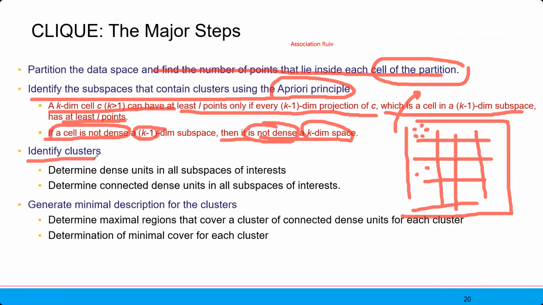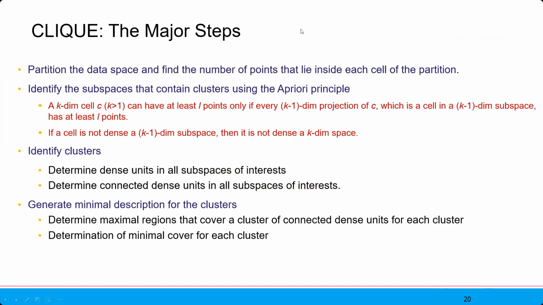So we can identify the clusters by determining the dense units in all subspaces of interest and determining connected dense units in all subspaces of interest. Okay, so the idea is the same as DBSCAN. We need to determine the dense units and we need to identify the connected dense units.